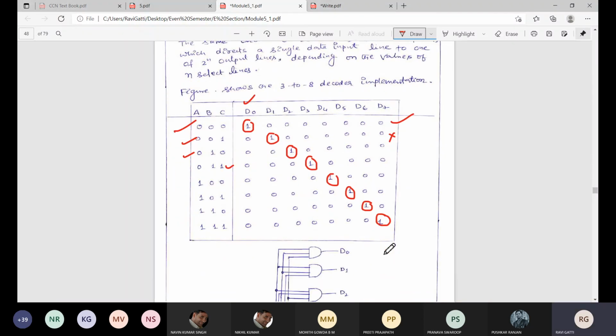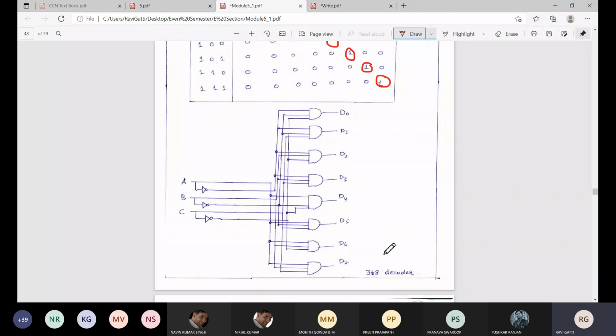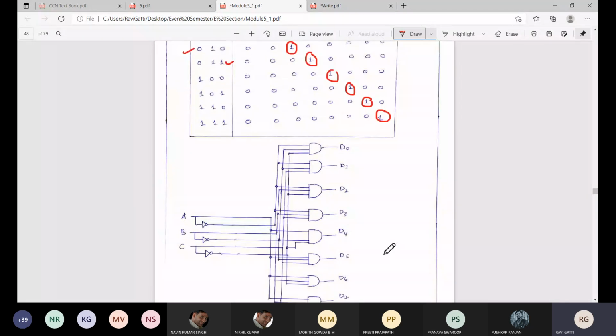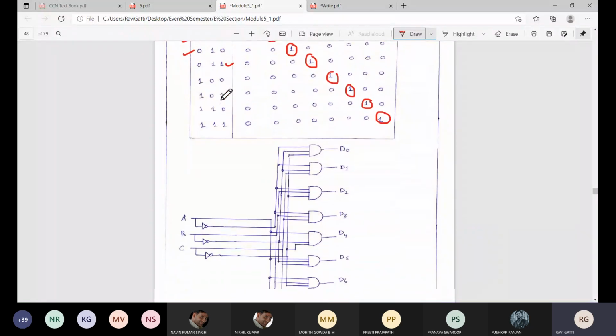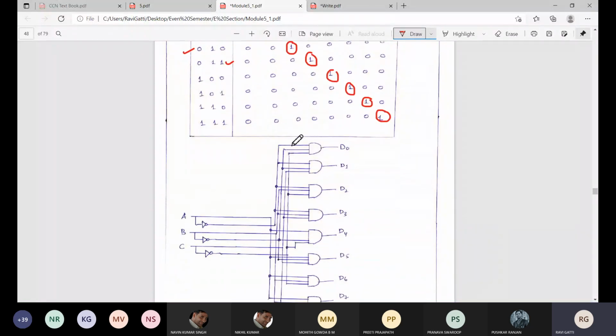Is it over? Okay, so take down this diagram. The same diagram we have used, only with a slight change. For D0, what you need to select when D0 will be 1: when it is A bar, B bar, C bar. That is why we have written A bar, B bar, C bar here.